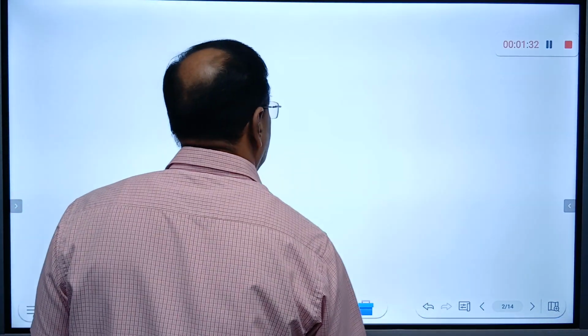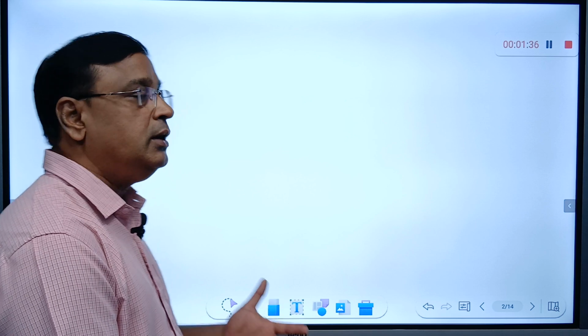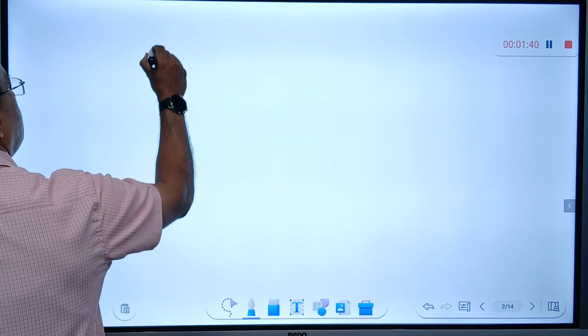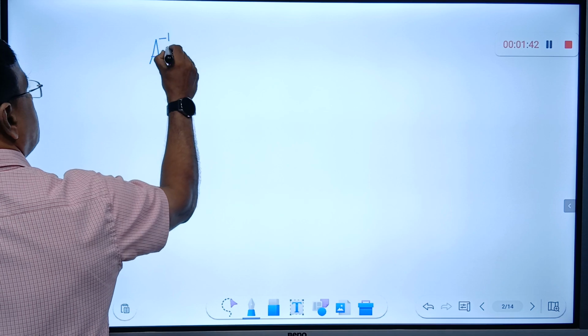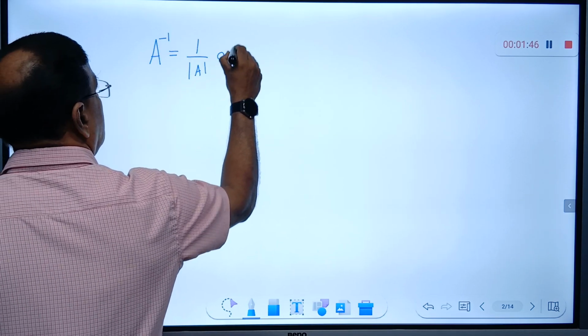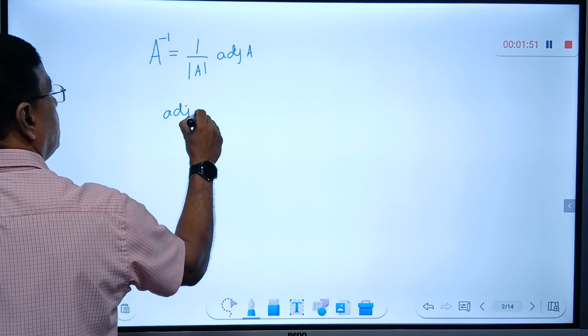Before I move on to problem solving, let us recap what we did last class. We learned how to find the inverse of a matrix, which is 1 by determinant of A into adjoint of A. Then I spoke about what an adjoint of a matrix is.